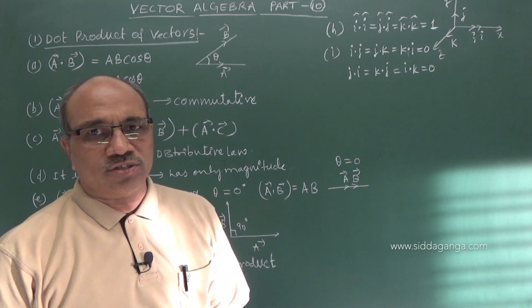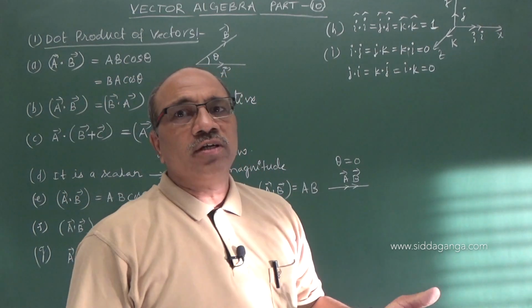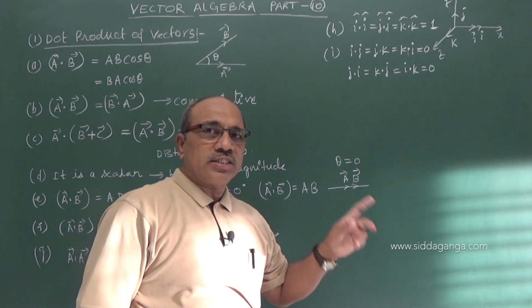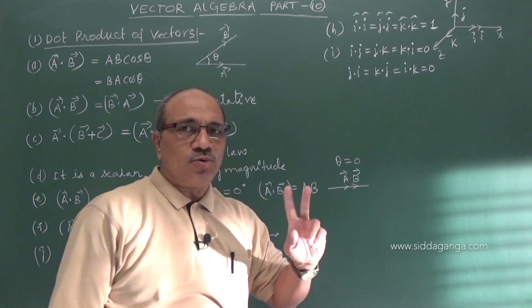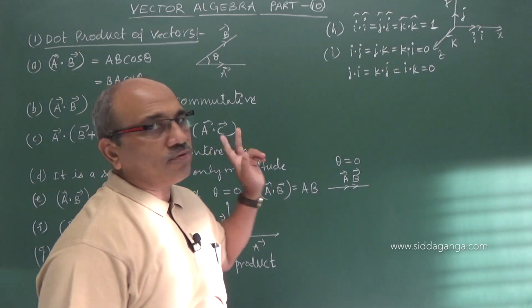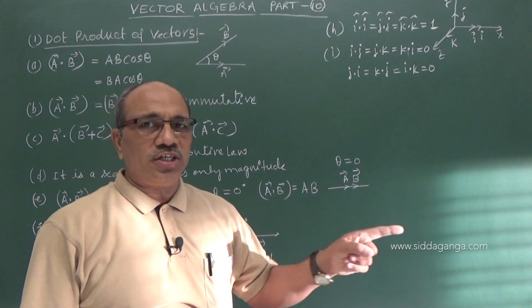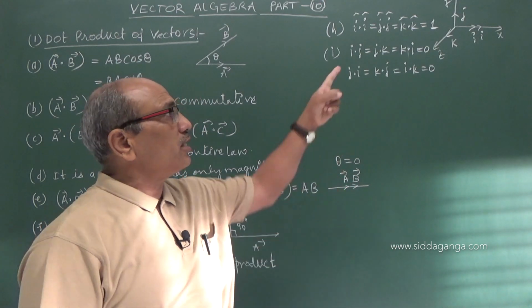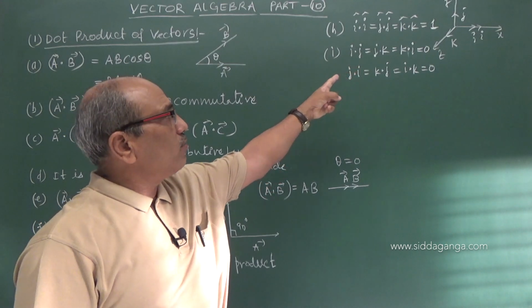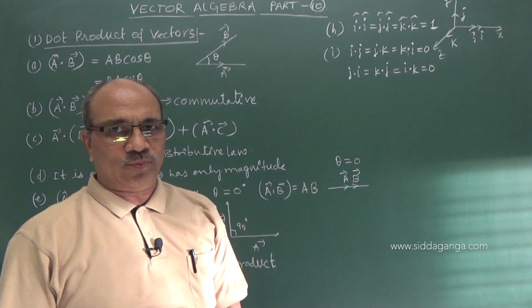That vanishes. So in dot product, only the self dot product exists. If they are given in vector algebra equations, you have to use i dot i, j dot j, k dot k exist and their value is 1, whereas i dot j, j dot k, k dot i become 0.